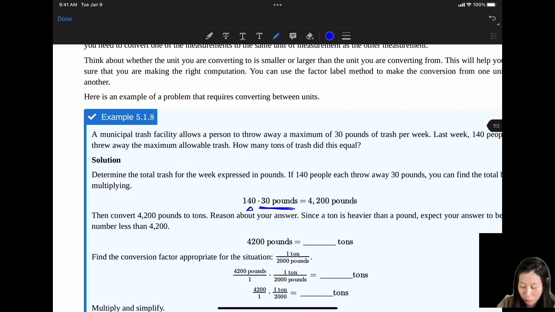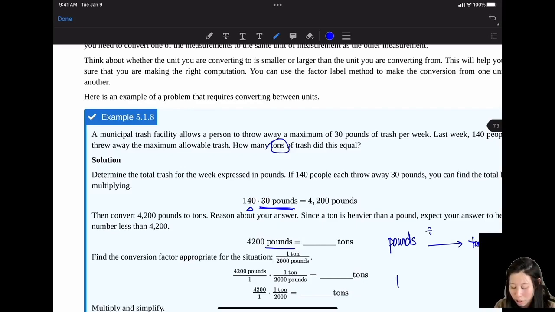And then the next step is they ask how many tons of trash did this equal? So you want to convert the pound, which is a smaller unit, to a larger unit. So that means you need to divide it by the conversion factor.